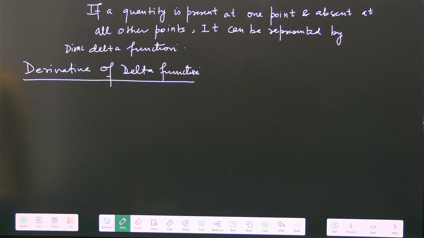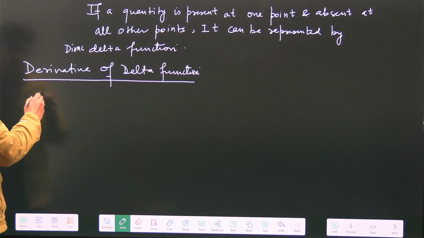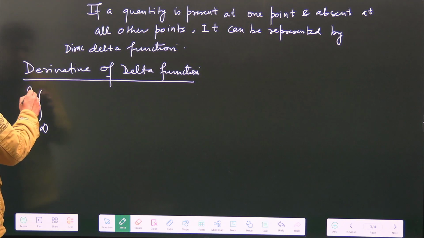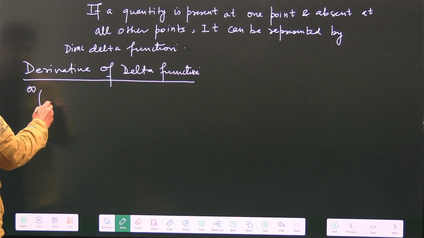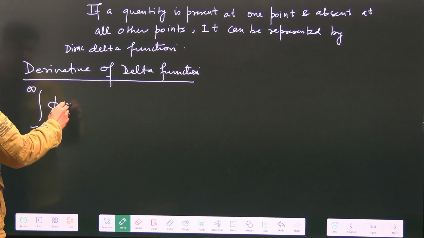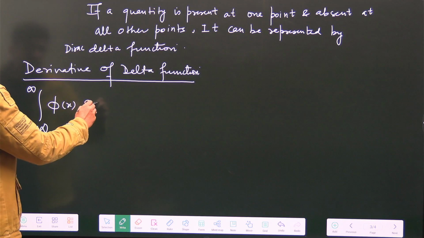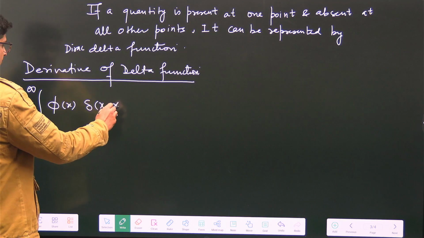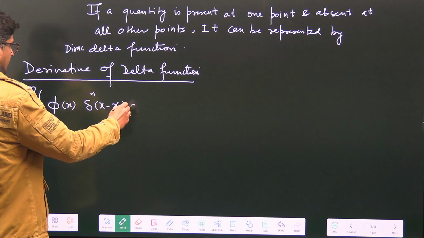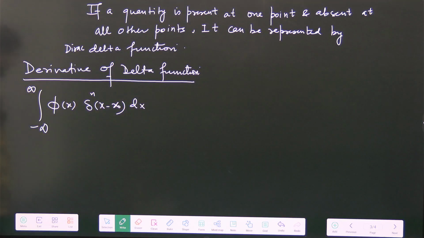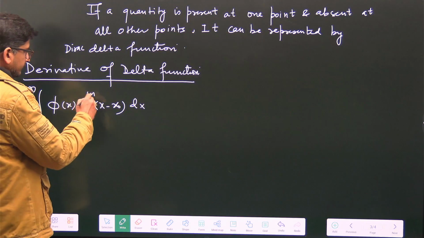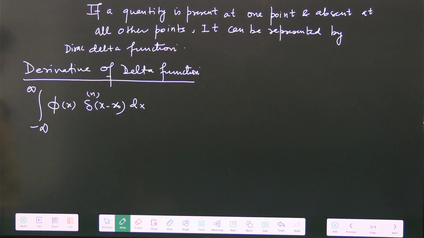Integral minus infinity to plus infinity phi(x) delta function (x minus x naught) to the n dx.